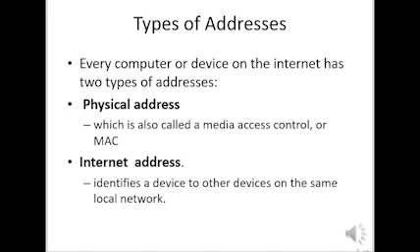Types of address. Every computer or device on the internet has two different types of address: physical address and internet address. The physical address is called the media access address or MAC address.